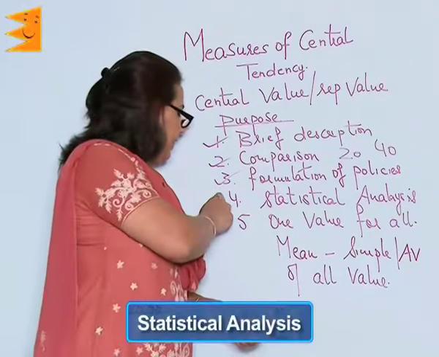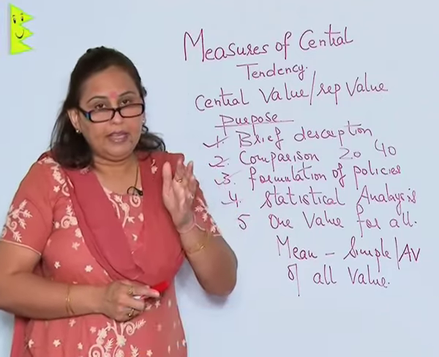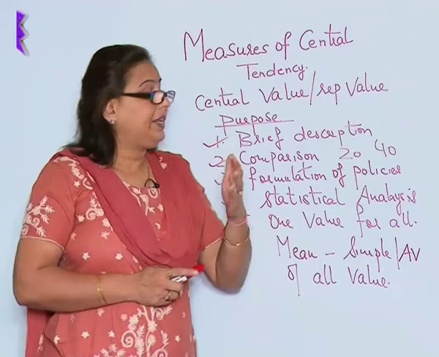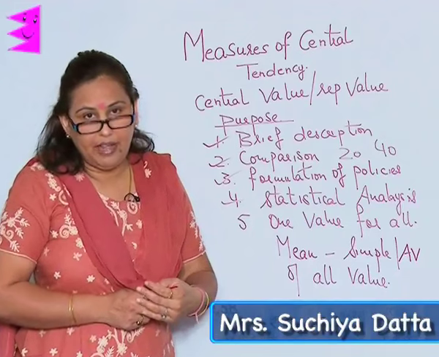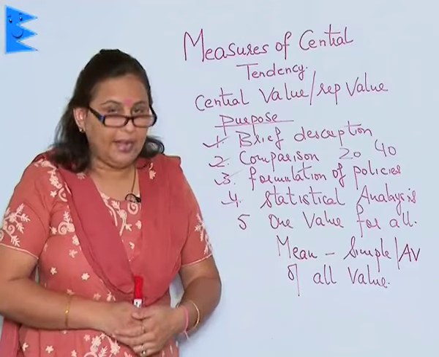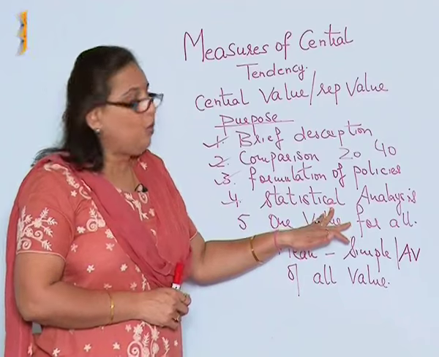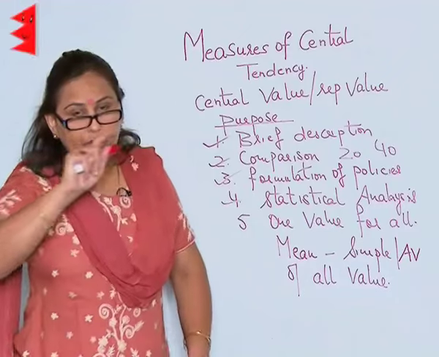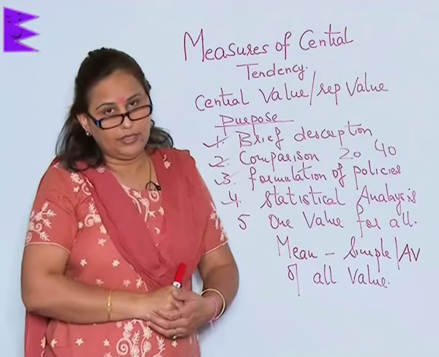Next is statistical analysis. When I have to make some kind of statistical analysis for further use, it is very essential that I have the representative value or the central value, because ungrouped or raw data is not easy to handle, and we cannot take into account the entire values of all the students.